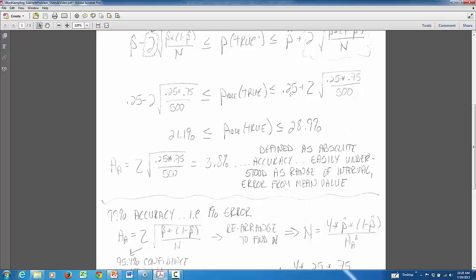And our upper bound is that exact same calculation, but instead of minus 2 times the square root of the estimated proportion times 1 minus the estimated proportion divided by the number of observations in the study, it's plus 2.